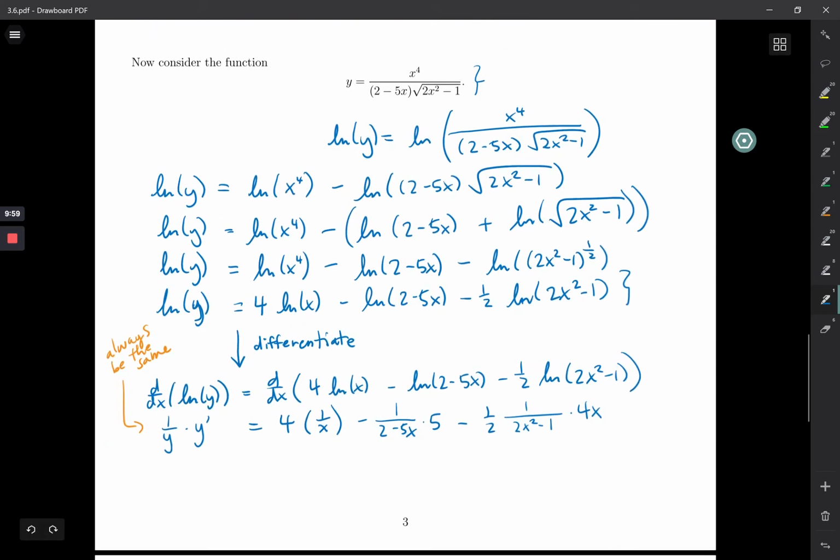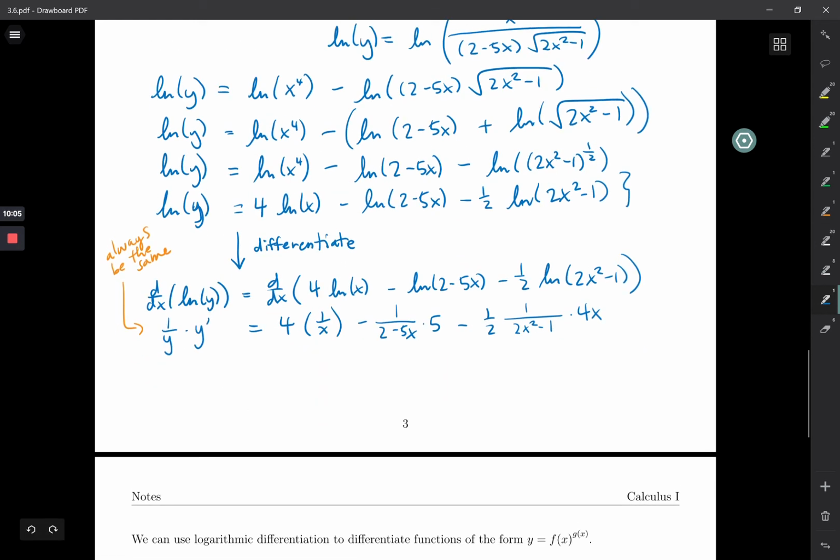So see that when we took the derivative of this, we got 1 over y times y prime, and that's what you'll always get. And so finding y prime is just as simple as multiplying by y to get it by itself. So it'll be y times this stuff.